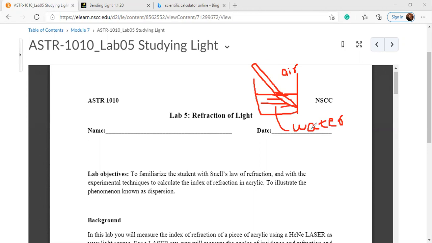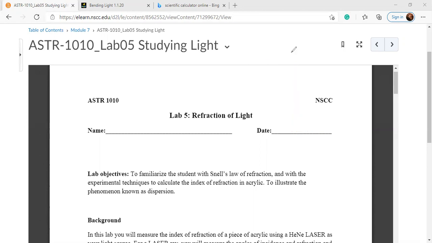So, how do we find the refractive index? We know the definition of refraction: it is the phenomenon in which light bends when it passes from vacuum to a medium. The velocity of light is maximum in vacuum, and in the medium the velocity will decrease.